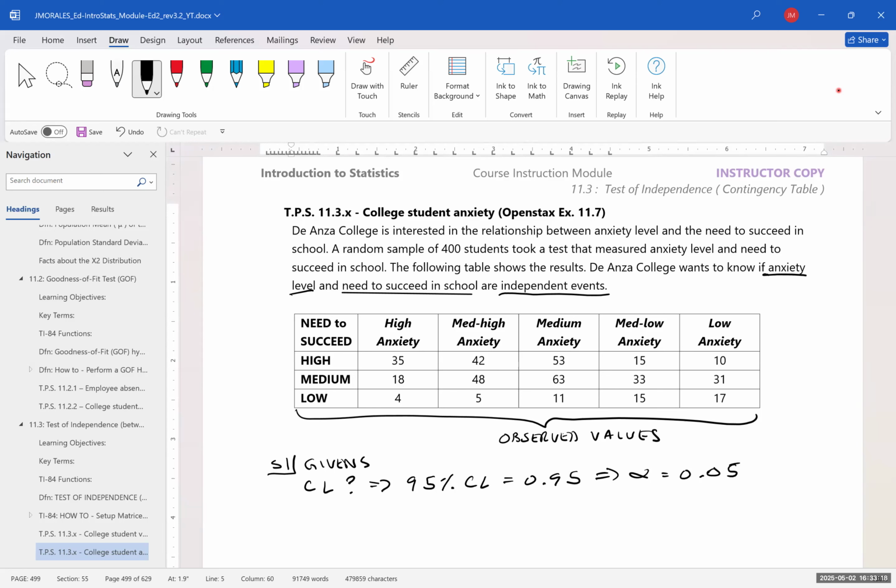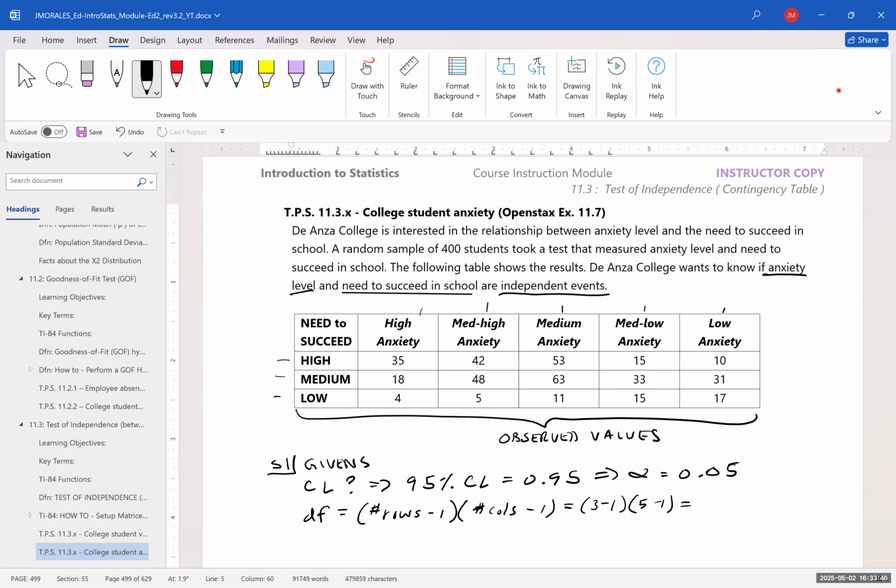Degrees of freedom is equal to the number of rows minus 1 times the number of columns minus 1. The number of rows we have is 1, 2, 3. And the number of columns, 1, 2, 3, 4, 5.